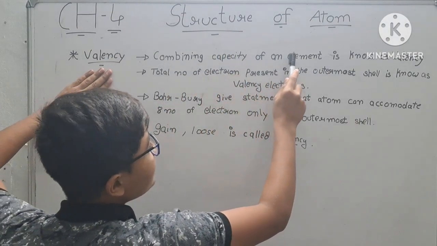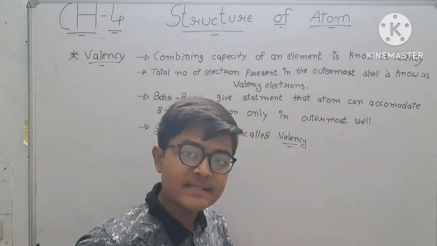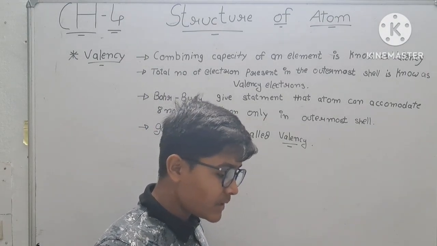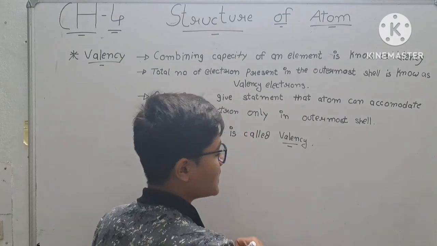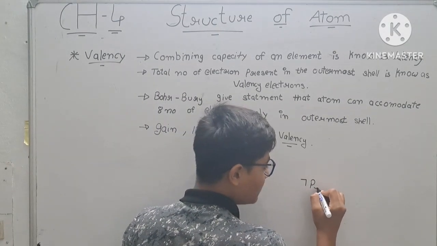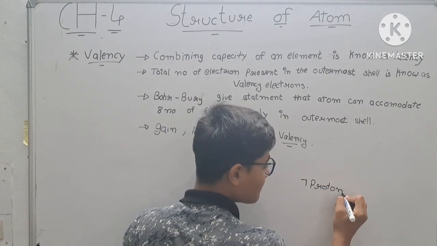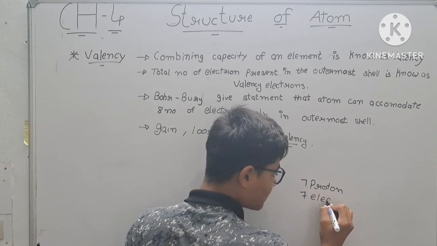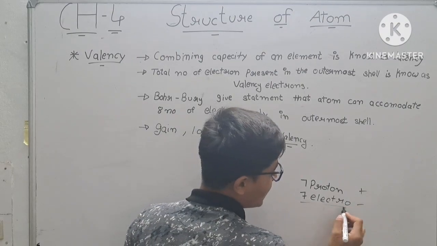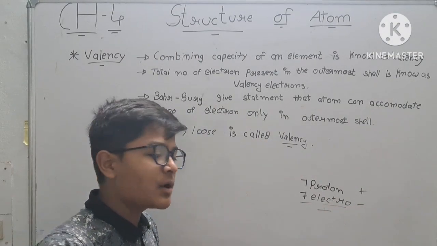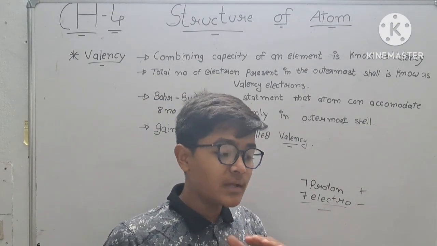Combining capacity of an element is known as valency. That means if any atom, we know that atom is neutral, that means 7 protons and 7 electrons. Proton charge is plus and electron charge is minus. Okay, so 7 protons and 7 electrons, so both will cancel each other.